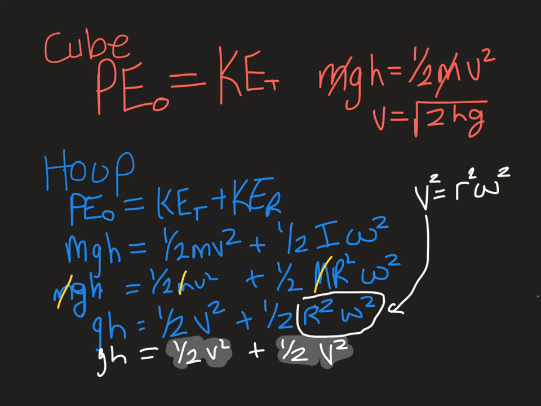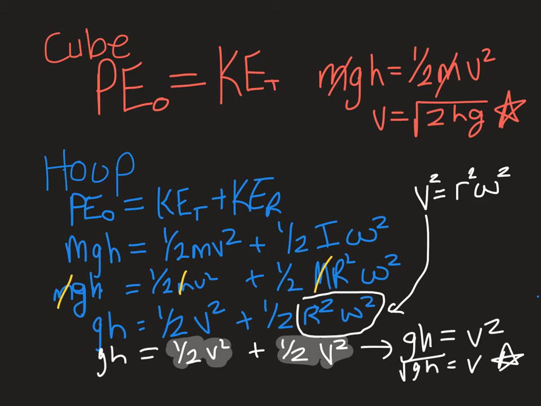So half plus half, what I really have now is g times h is equal to v squared, or the velocity of the hoop is equal to the square root of g times h. The velocity that I have here would be less than the velocity that I had for my cube. So my hoop will actually travel down the ramp slower than my cube will because it lacks this extra factor of 2.